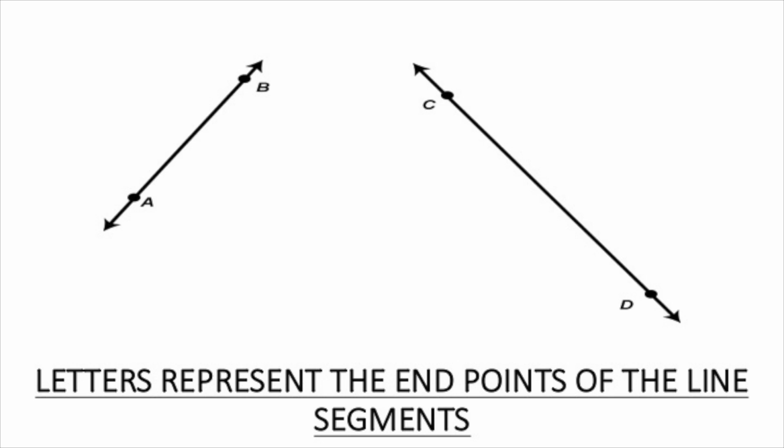Or we could call it line BA. But it's usually better to use the first letter first. Line AB or line BA is fine because they're the 2 letters. But how about this one? CD. Line CD or line DC is fine. We can use both.